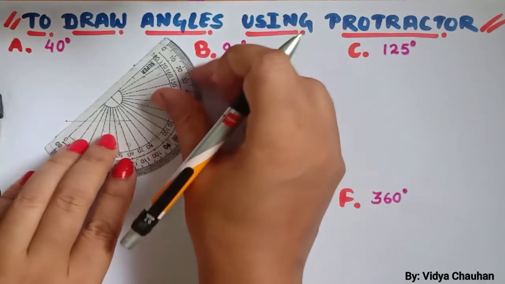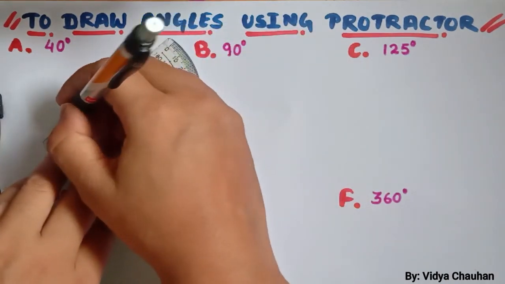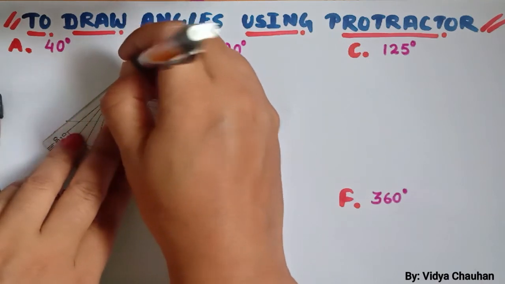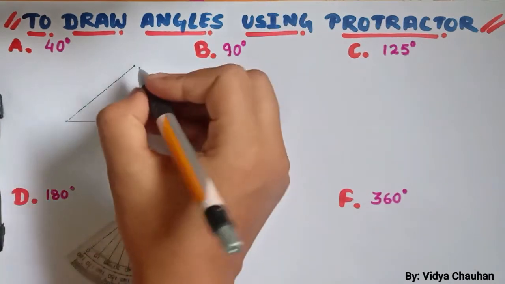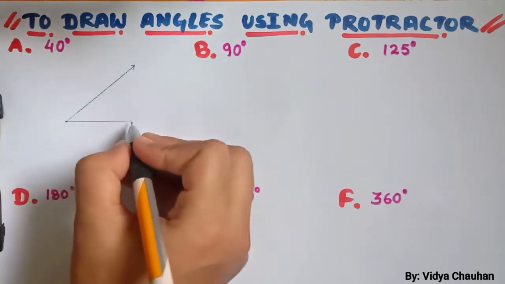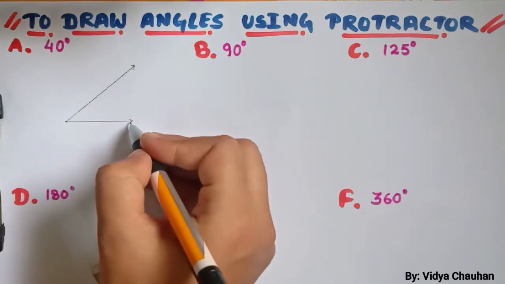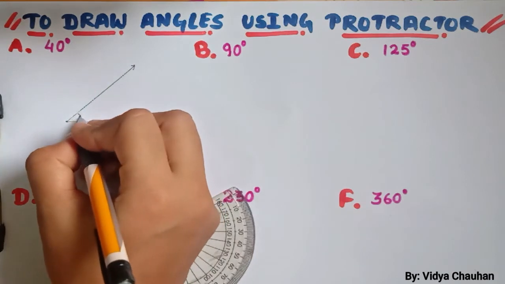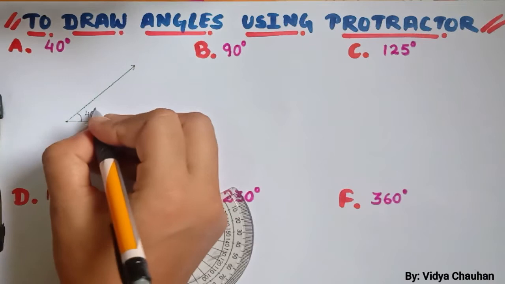After that, what you will do? You will simply join this dot with the initial point here. So we have drawn and joined the dot with the initial point of the other line. These are the two arms of the angle, and the portion covered by this angle is 40 degree.